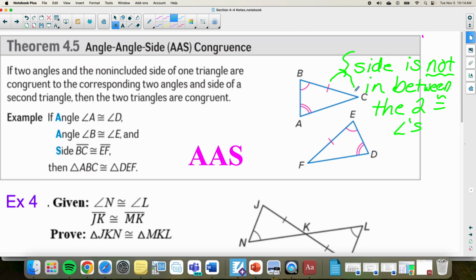Okay? If it is in between, it's called angle side angle. If it's not in between, then you call it angle angle side.